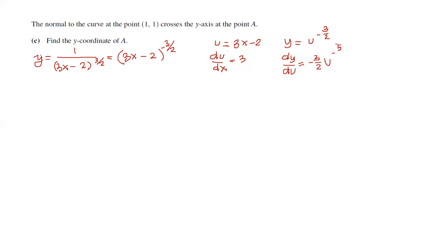Okay, this or negative 3/2 times, u equal 3x minus 2, (3x minus 2) to the power negative 5/2, like this.